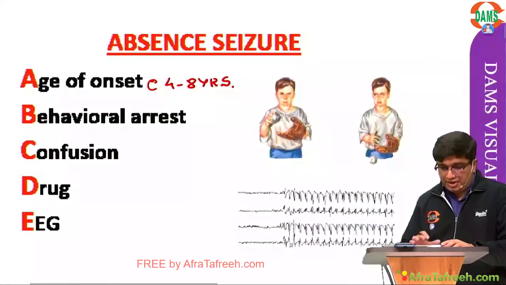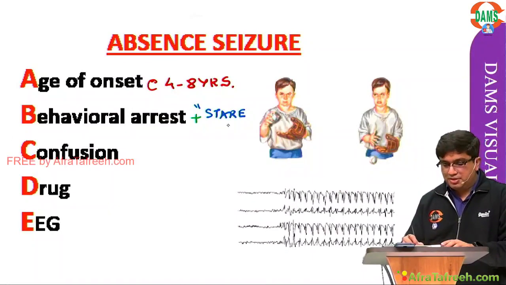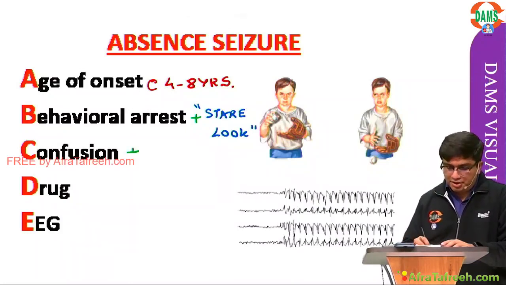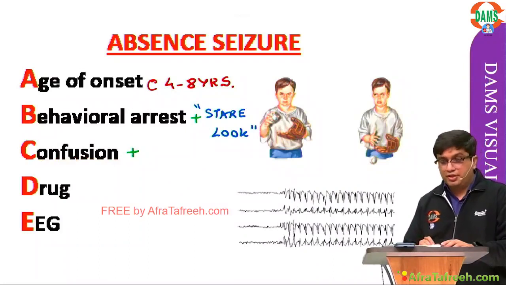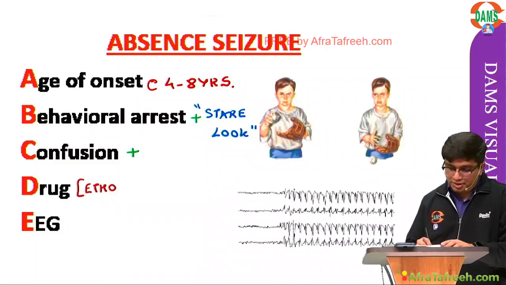The classical presentation of absence seizure is a behavioral arrest. During the episode of the behavioral arrest, these patients give a typical stare look. And don't forget, the drug of choice that we often consider for absence seizure is what? Ethosuximide.